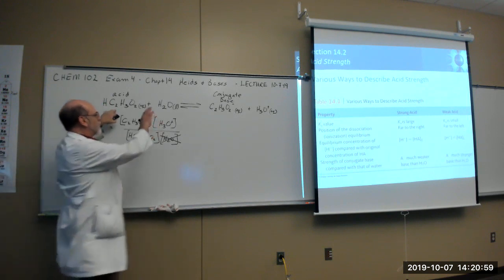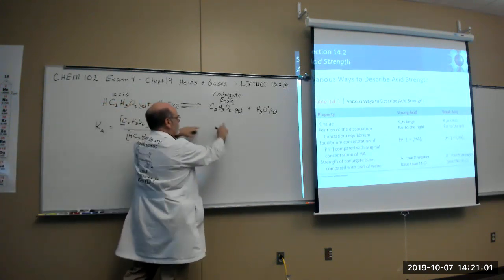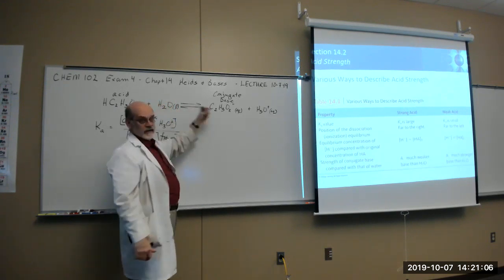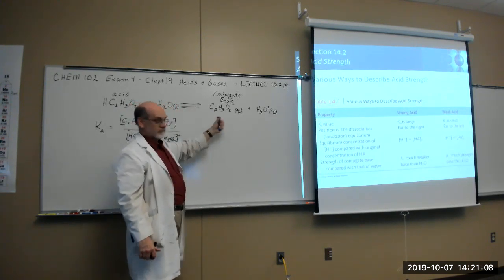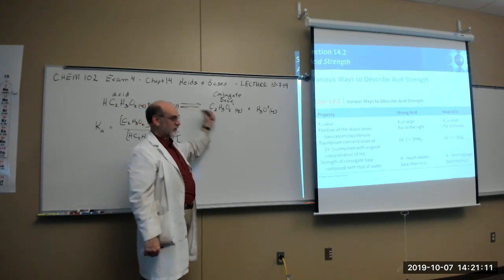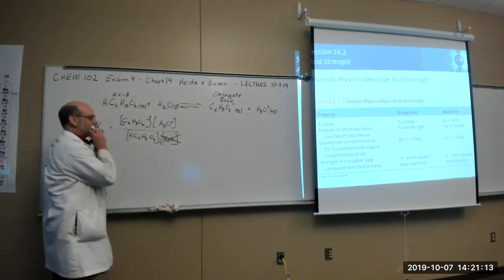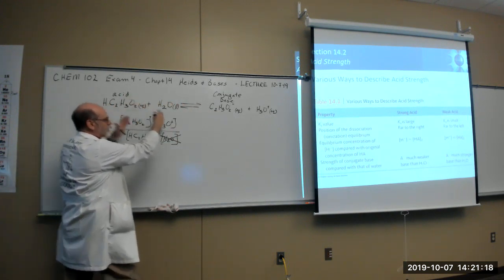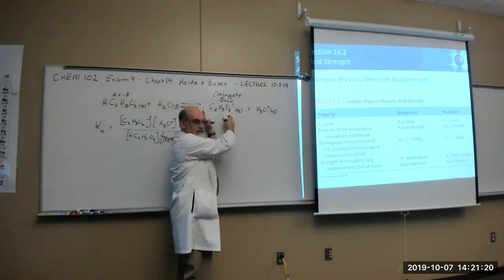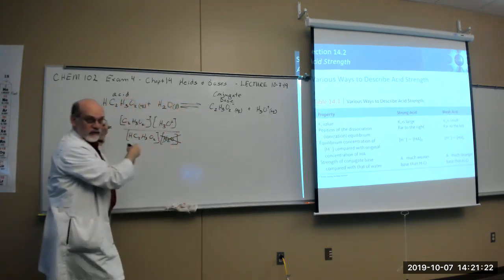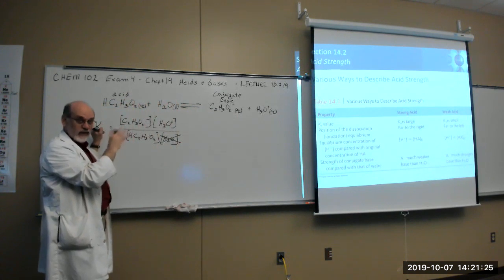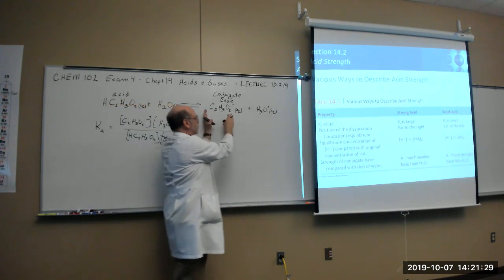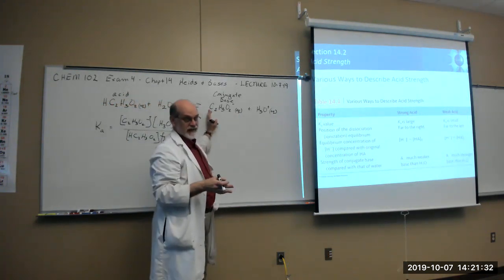It hangs on to protons very tightly, except for just a few. So that means when you get to the base side, it really wants to be back over here, right? Because it attaches to protons very strongly. So the rule of thumb here is weak acid makes a strong conjugate base. Weak acids give up protons very weakly. It dissociates weakly. But the conjugate base really wants those protons back.